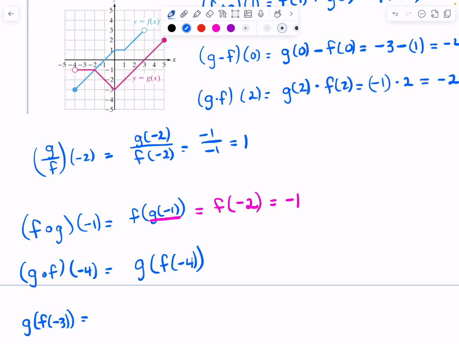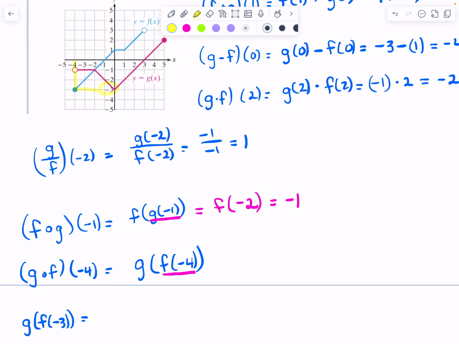So the first thing we need to do is find f of -4. So we're going to go to -4, and f of -4 is -3.